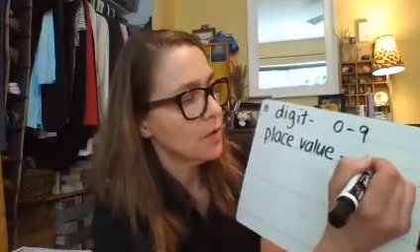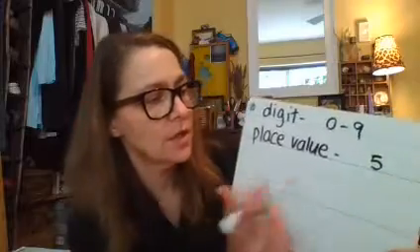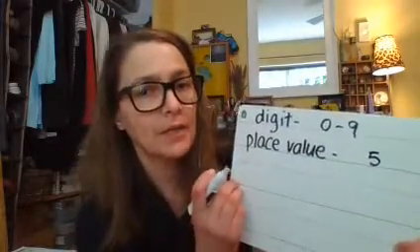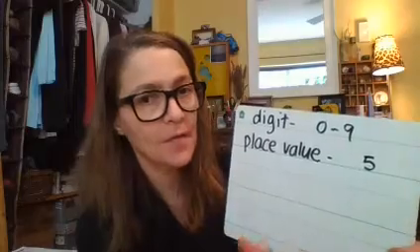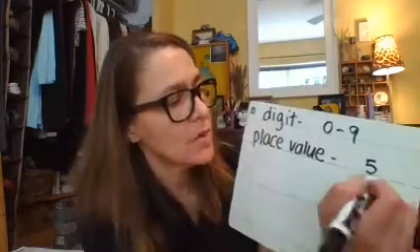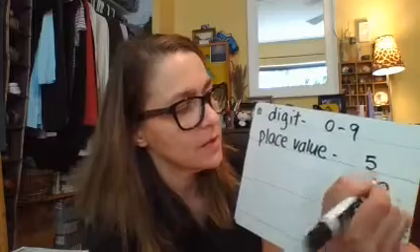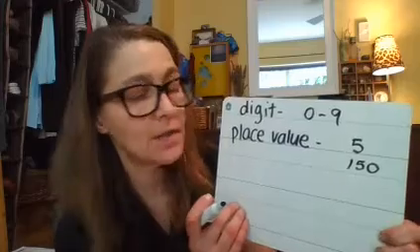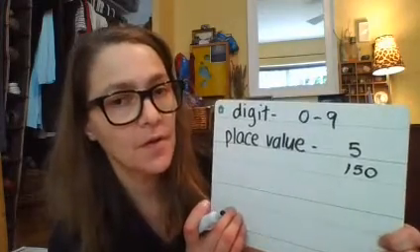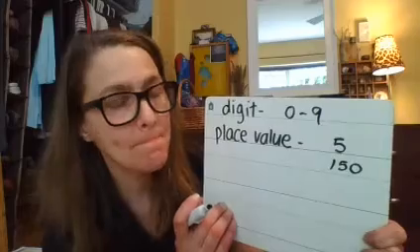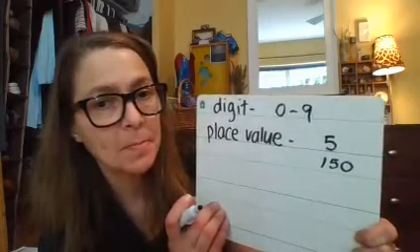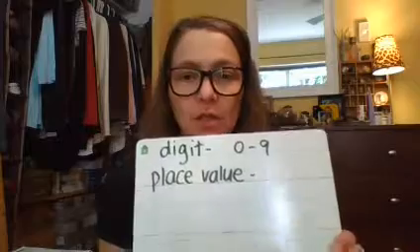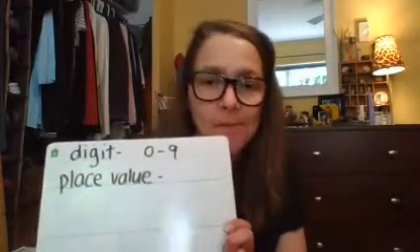So in your number 5, the digit is in the ones place value, and it has a value of 5. Whereas in 150, the 5 is in the tens place value, and it has a value of 10 fives, so 50. Okay, so place value determines the value of where the digit is placed, pretty much, the position.